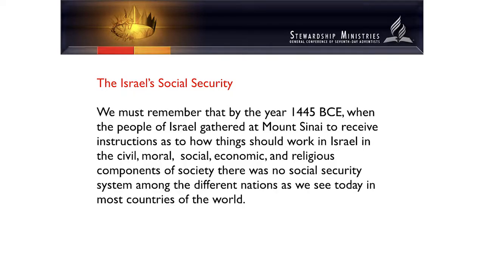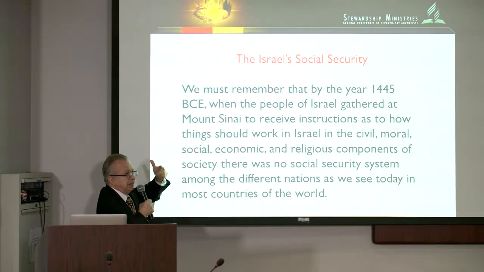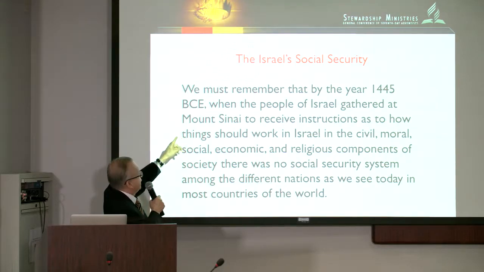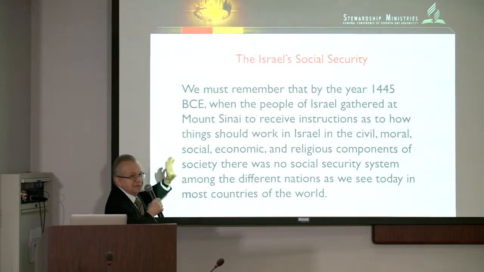We must remember that by the year 1445 before Christian era, you know, we call it before Christian era in the Adventist jargon, but Protestants say before common era. That's the agreement.